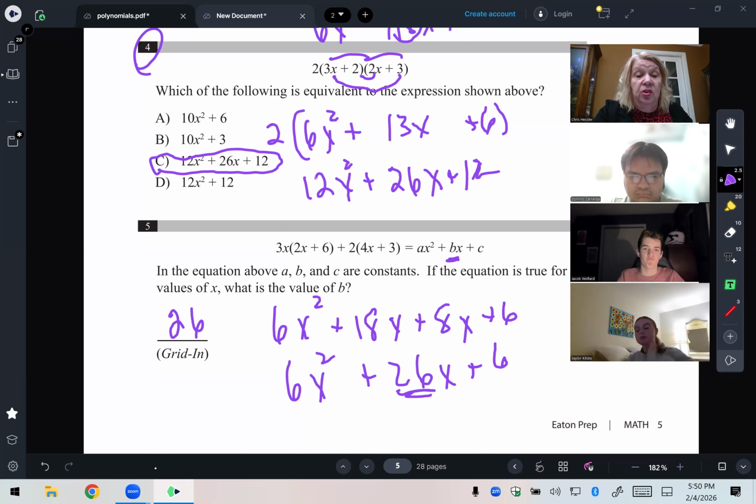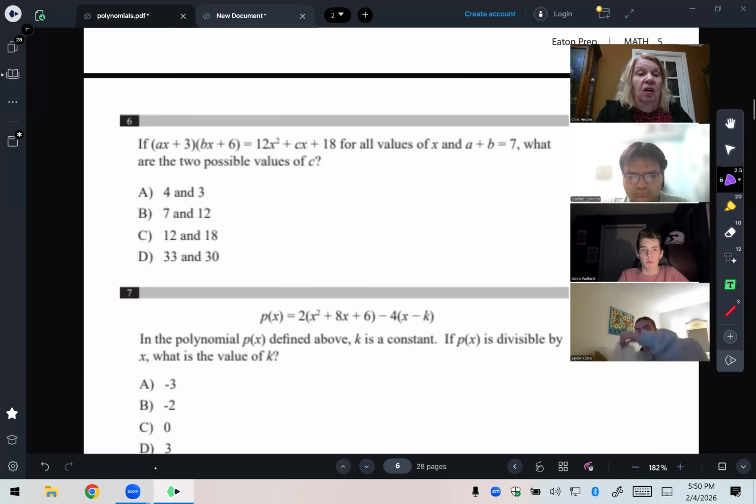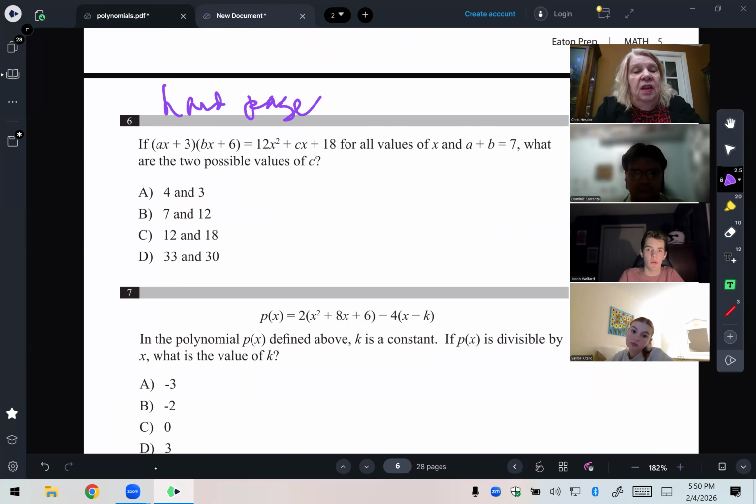Okay, now this one gets tricky. This is our hard page for Module 2 questions. So let's analyze this one. We're in the deeper water on this page.